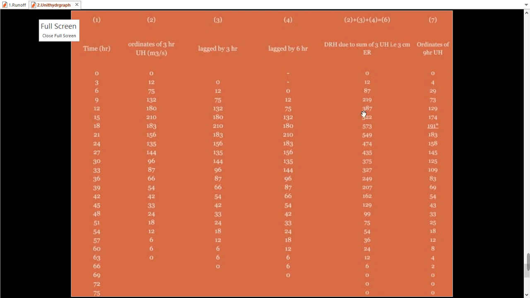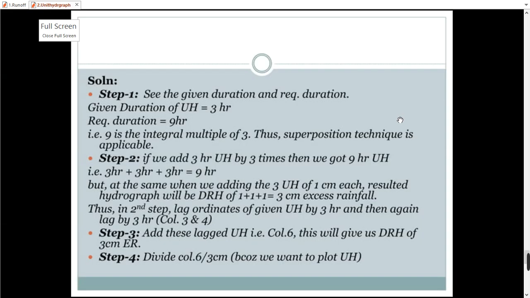Then the ordinate of the 9-hour unit hydrograph. So you have to divide by 3, right? This is the standard method. Unit ordinates of 3 to 9. So you can find the values of the ordinates of the 9-hour unit hydrograph.